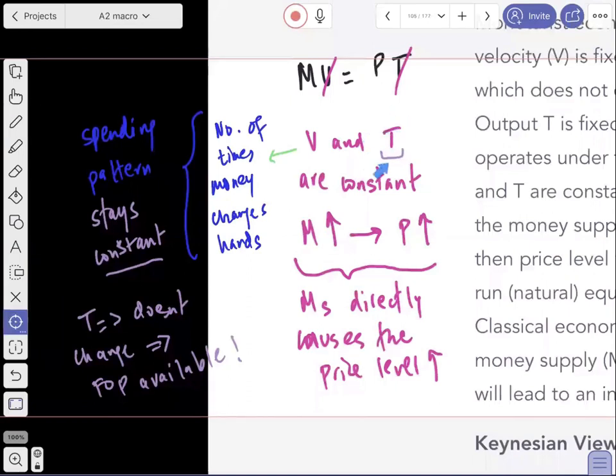And also the fact that at any point in time, the economy, according to classical thought, is at full employment.